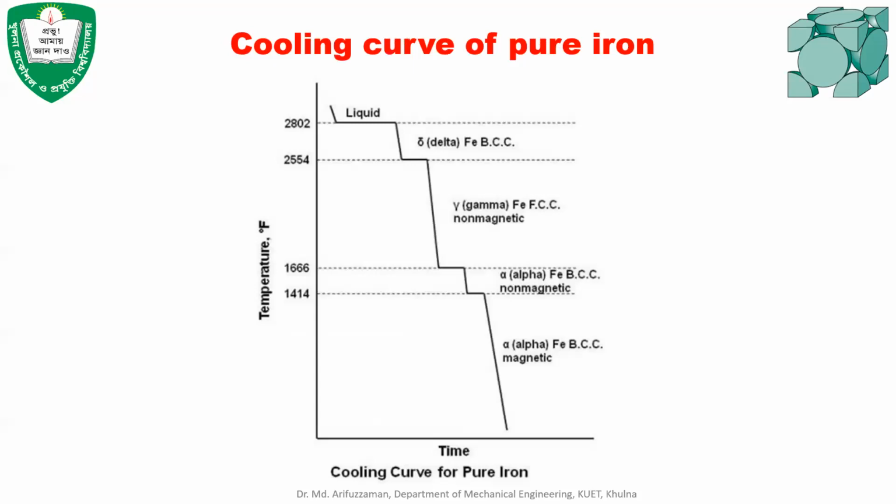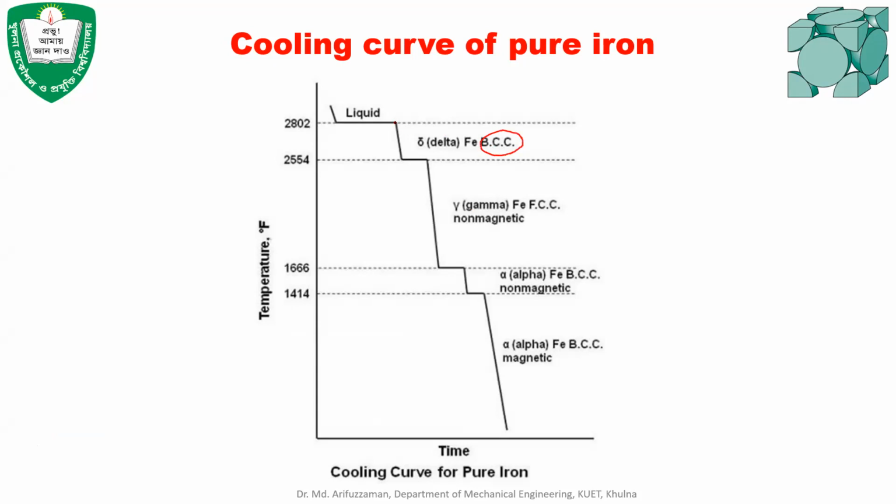More than 2800 degree Fahrenheit, iron completely melts and becomes liquid. And at 2802 degree Fahrenheit, iron converts into delta iron, which is 100% solid, and the conversion occurs at a constant temperature. This line indicates that constant temperature, and the delta iron consists of body-centered cubic structure in its crystals.